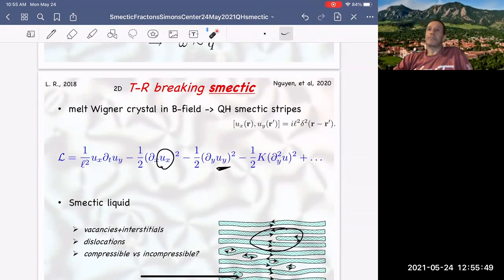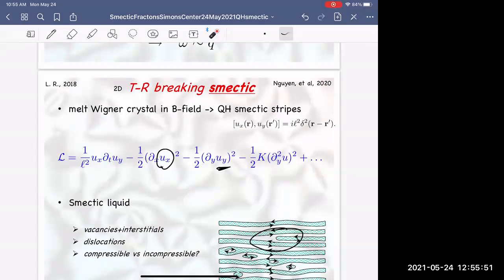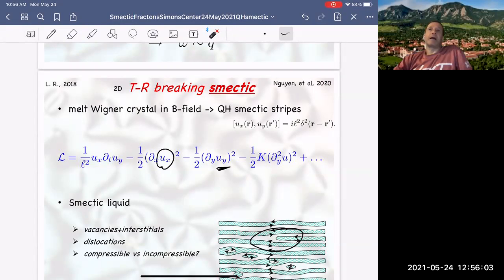I see. And for fractional quantum Hall states, the coefficient is the same. It doesn't depend on which kind of filling or which type of Laughlin state you're in. It's always 1 over l squared, 1 over the magnetic length squared. So it's set by the magnetic field. But I haven't really thought about incompressible states, so all this is a little bit of hand waving at this stage for bosons.